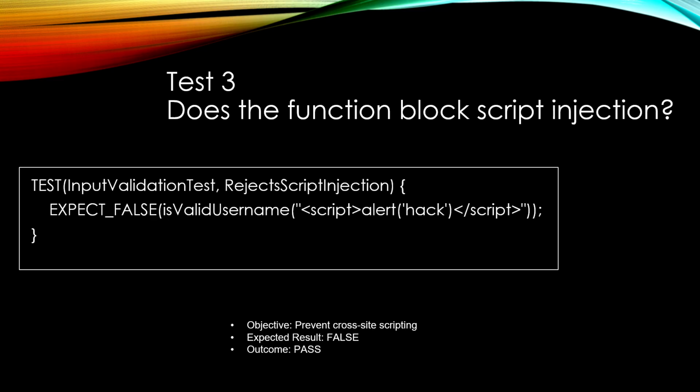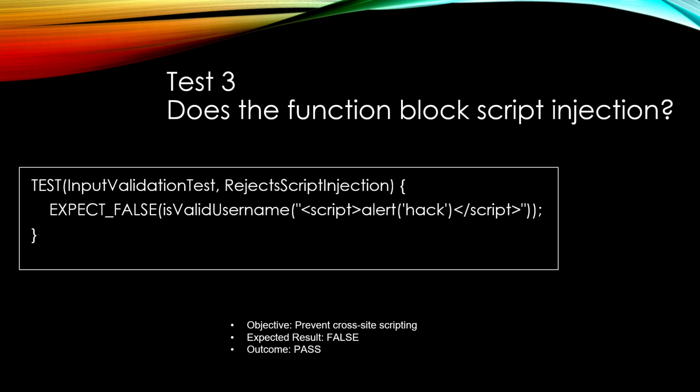Test 3 checks whether the function blocks a script injection attempt, which is commonly associated with cross-site scripting, commonly referred to as XSS. The input includes embedded script tags that could execute malicious JavaScript in a user's browser if it isn't properly validated.